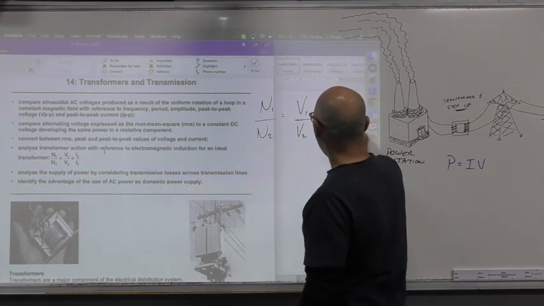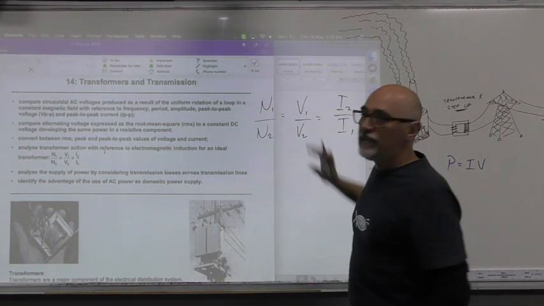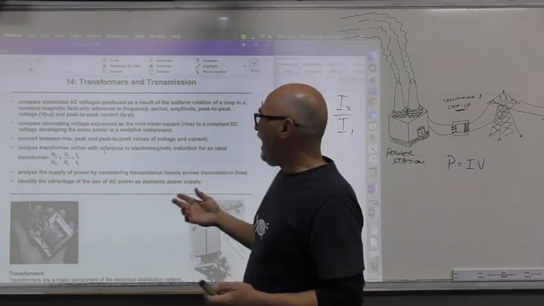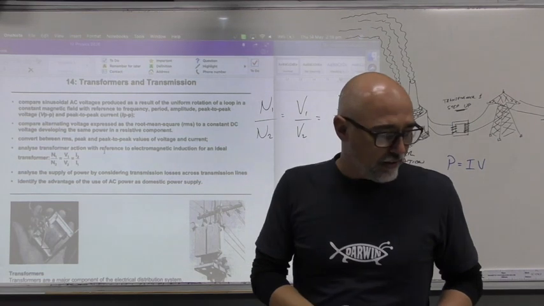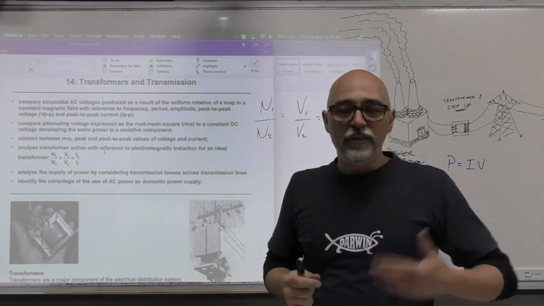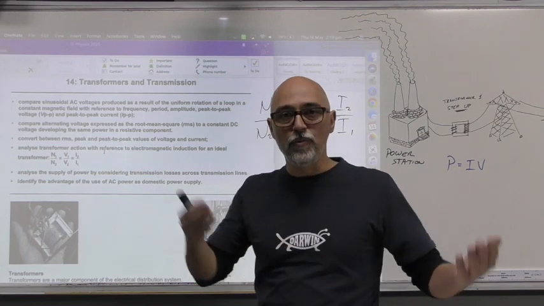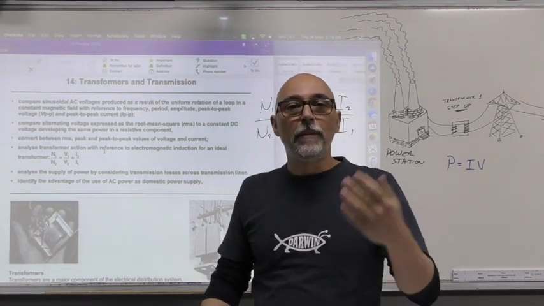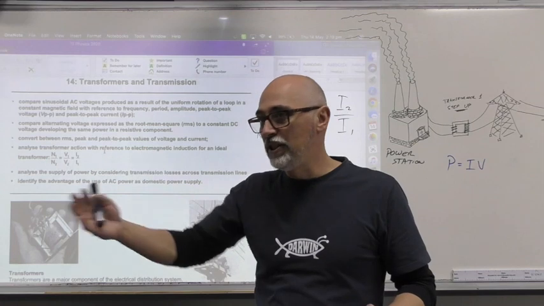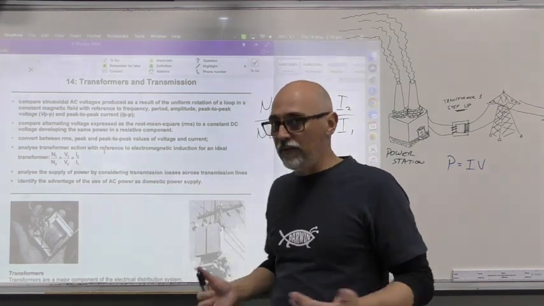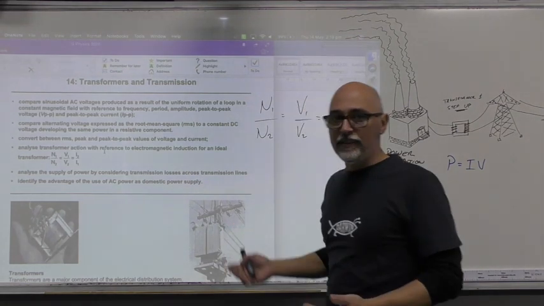Yes, these two are opposite to the others, okay? Now this is basically how you analyze the values that make up your transformers. Whether you're trying to pair up currents with voltages, or the number of turns in the coil with voltages, or the number of turns with currents, any combination that works for you, you can actually do with this.